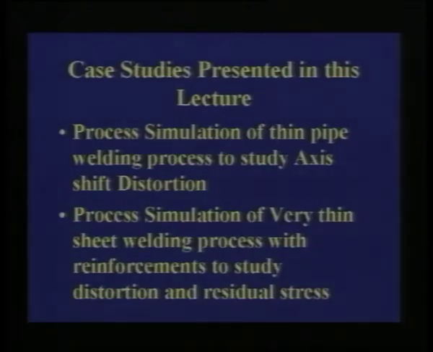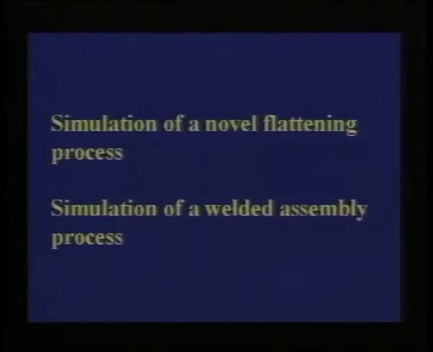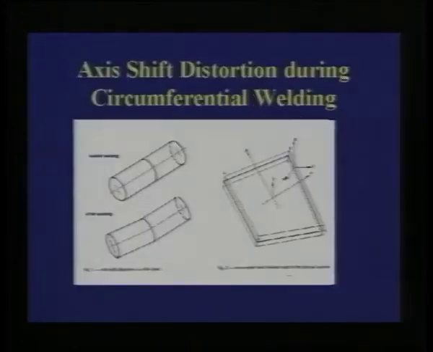Let us look at the next slide. We will also study the flattening process, but I think that we have already done it, so we will not do it again. Let us first look at the first case study, which we will start from the next few slides.